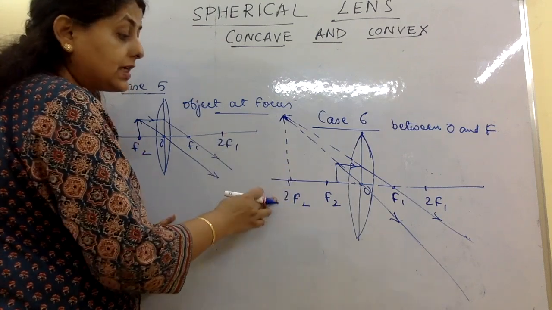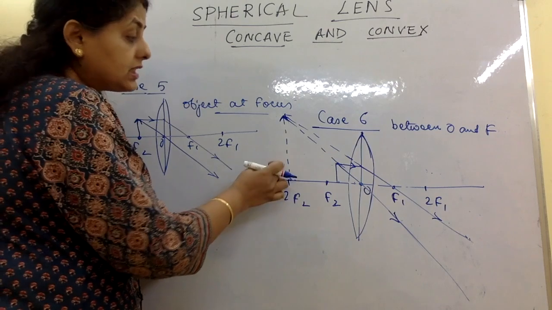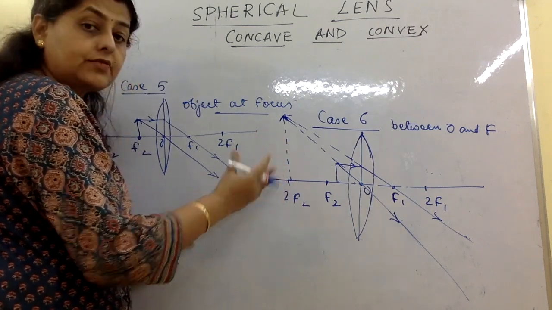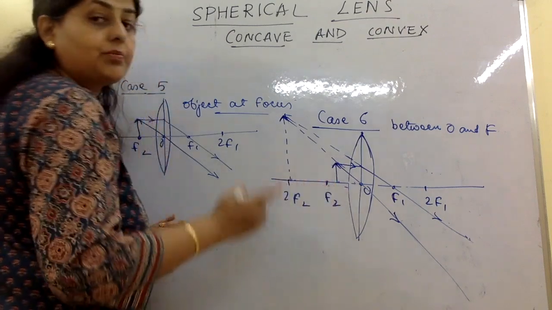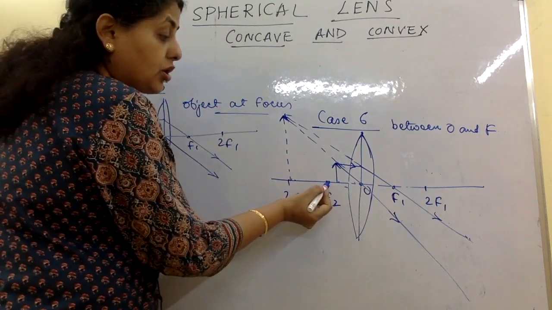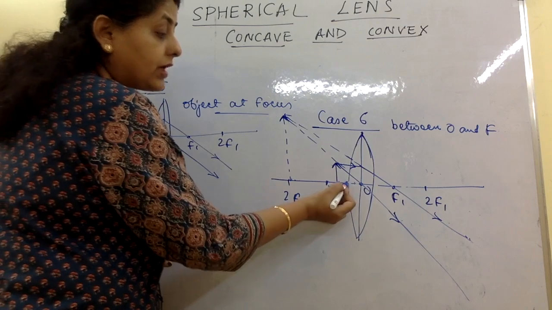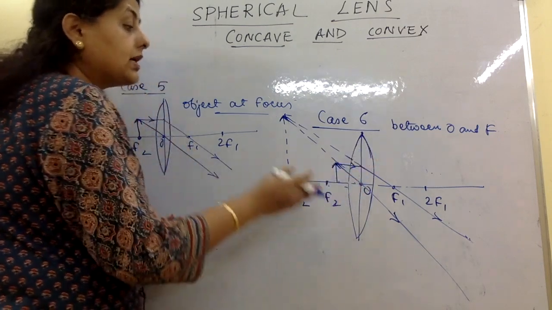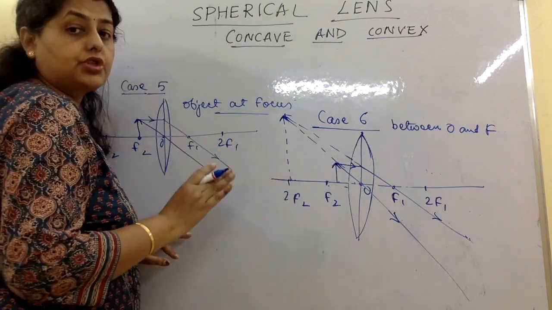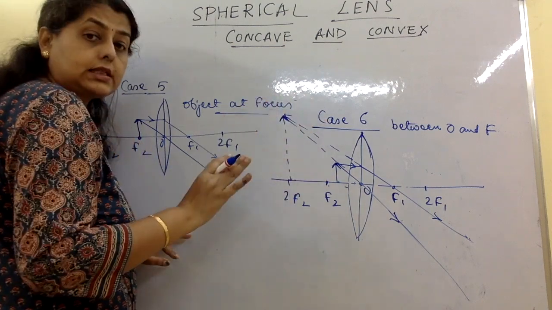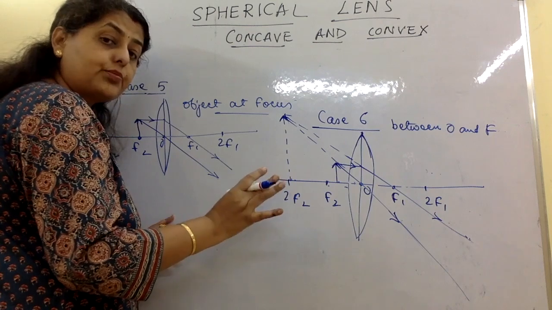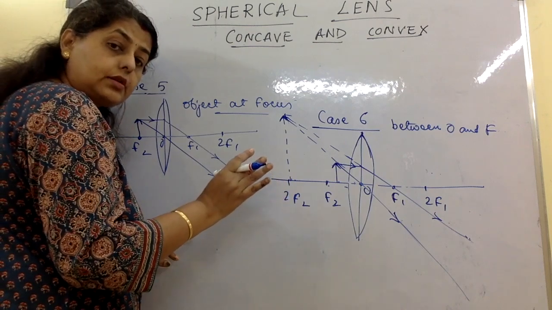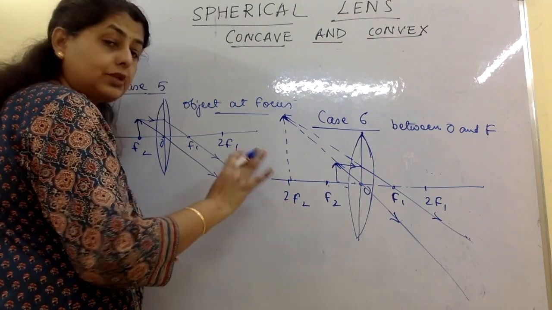Now I am not saying the image is formed at 2F. The position of the image and the size of the image can keep on changing depending on where you have placed the object. Have you placed the object right after focus, or have you placed it further that side? According to that, this is going to change. Also the size will change. So it is not positioned at 2F2, nothing like that.